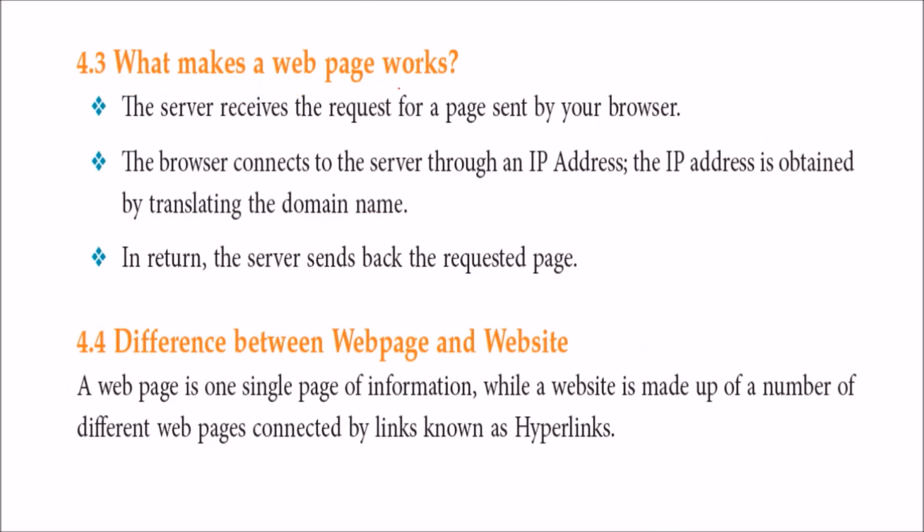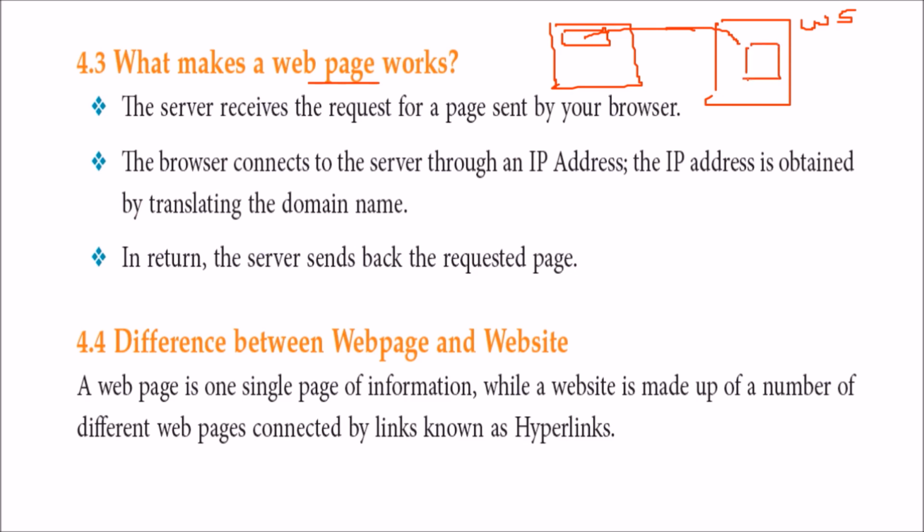So what makes a web page work? What happens when you see a website and web page work? First, the server receives the request for a page sent by a browser. So here is the browser. You write a URL. Now this client sends a request to the server. Now this is a web server.